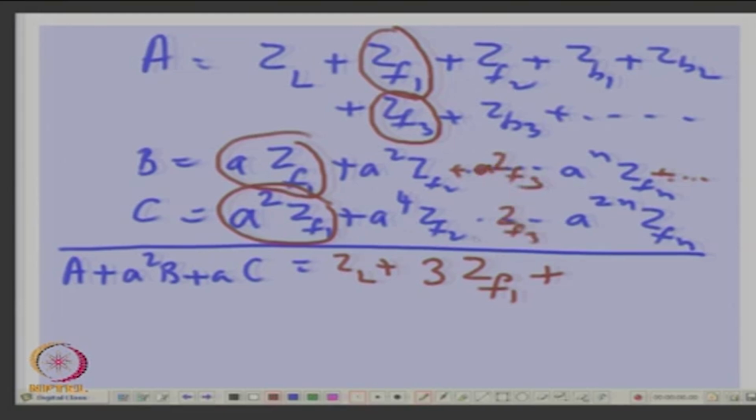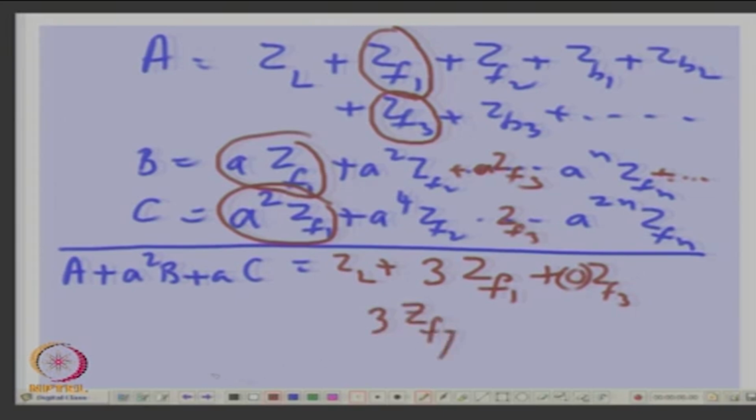Now the sum of this, Z1 plus A square plus A is 0, so there will be no ZF3. So it will be 0 into ZF3. Now you go to ZF, that is why I am saying you will not have 3 forward, you will not have 5 forward, you will only go to 7 forward. So that is why you are saying 3 times ZF7.